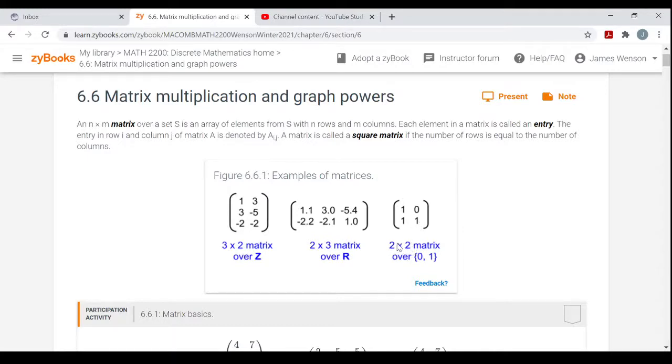This is what they're calling a square matrix. And this is over the set 0, 1, so all these are zeros and ones. We're going to be dealing with mostly zeros and ones in the latter part of this section. We're going to be performing Boolean algebra and Boolean computation with just ones and zeros.